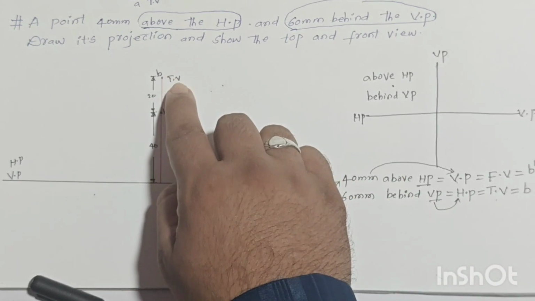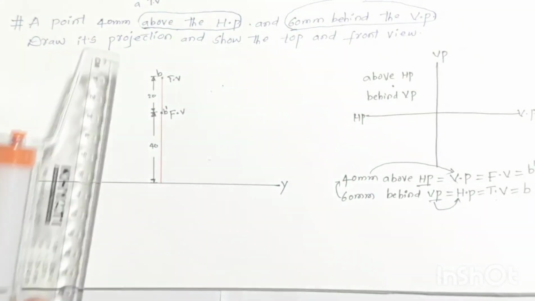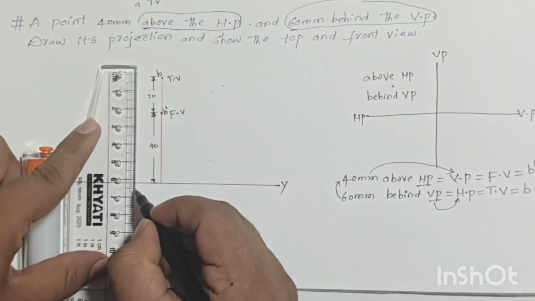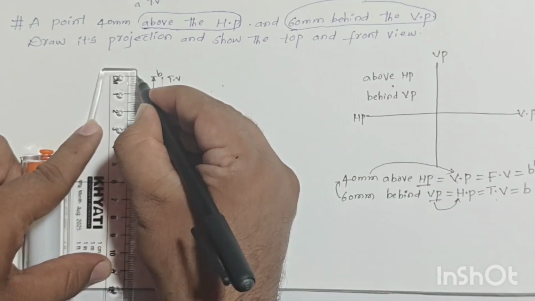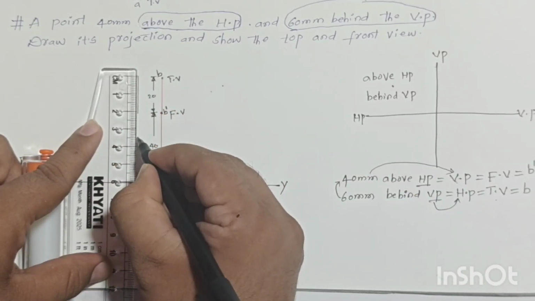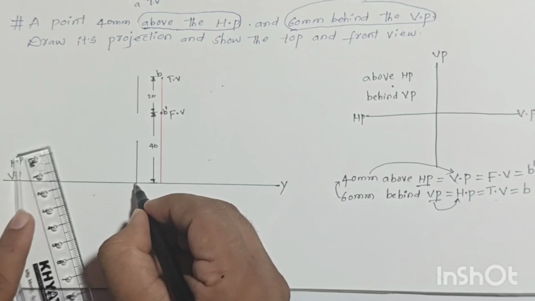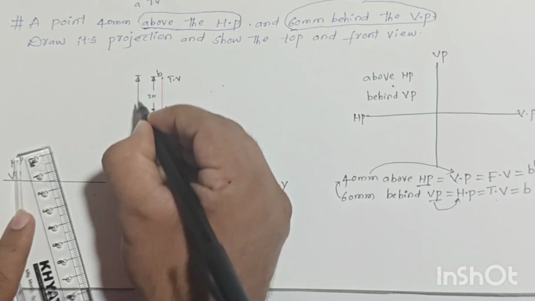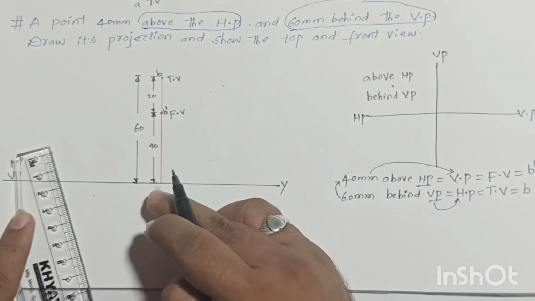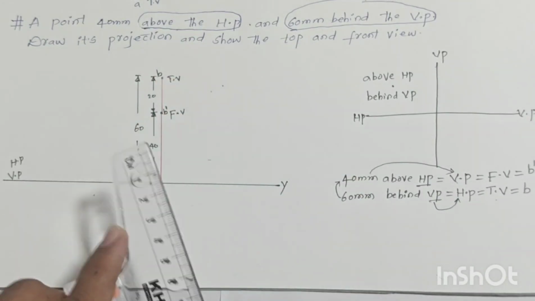Both are above the reference line. If you measure the length from the reference line, it should be 60 millimeter.